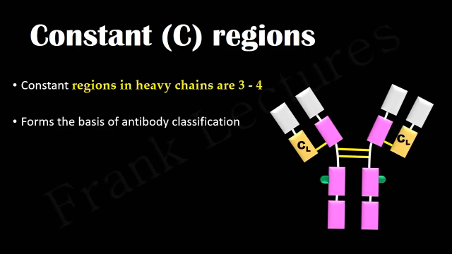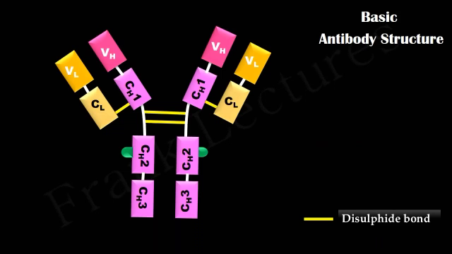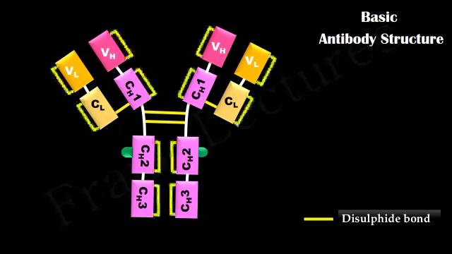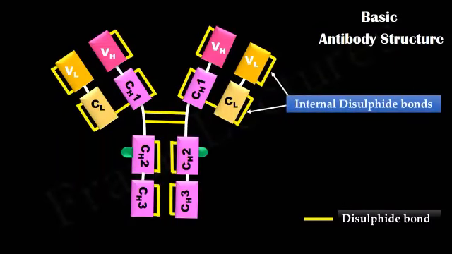The constant regions of the heavy chains are designated as CH1, CH2, CH3, CH4, starting from the N-terminal end of the chain. Finally, each variable and constant region in an antibody molecule also has at least one disulfide bond. These are internal disulfide bonds.